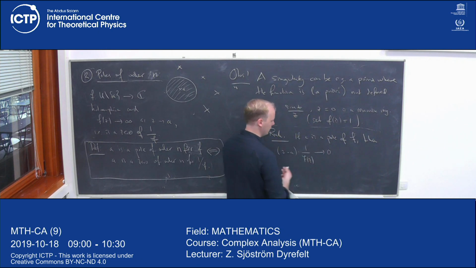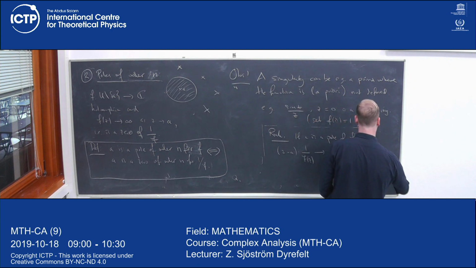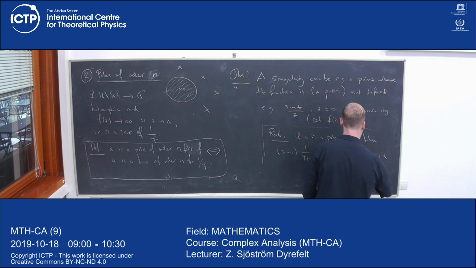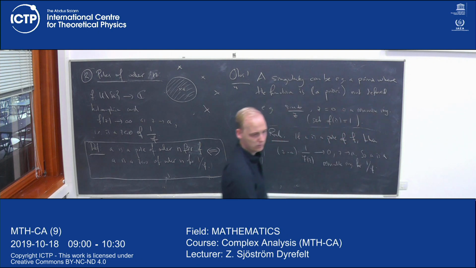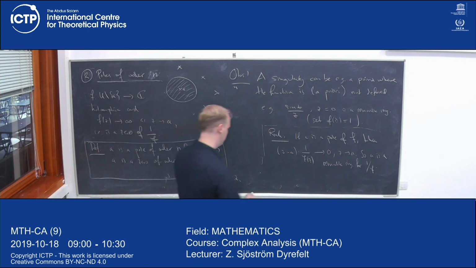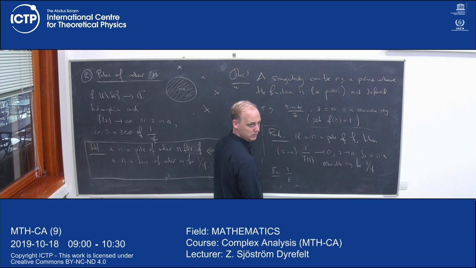This is kind of stupid, but in particular this holds. So a is a removable singularity for 1 over f. So you see, it's quite nice. It means that if you have a pole somewhere, then locally 1 over this function is behaving nicely. It's an analytic function there. Simplest possible example: 1 over z has a pole at z equals 0.